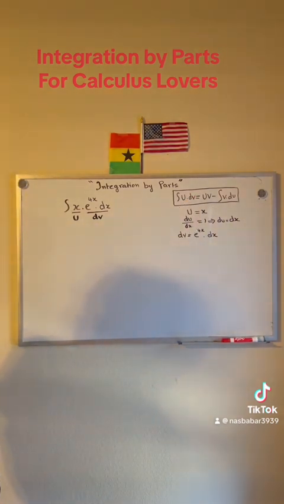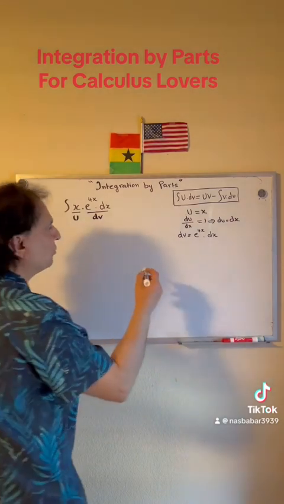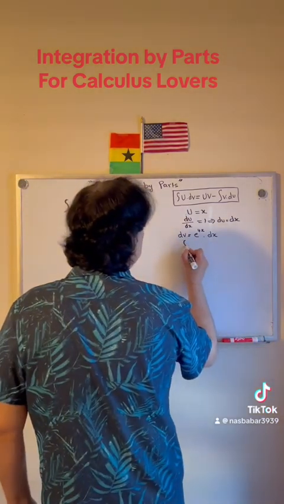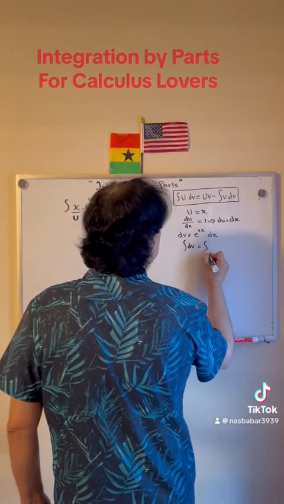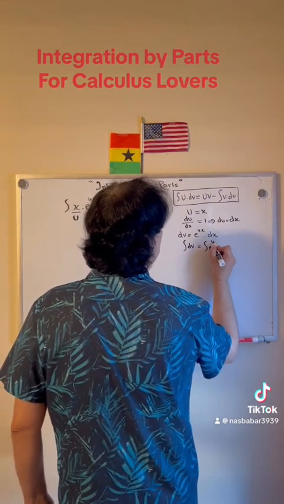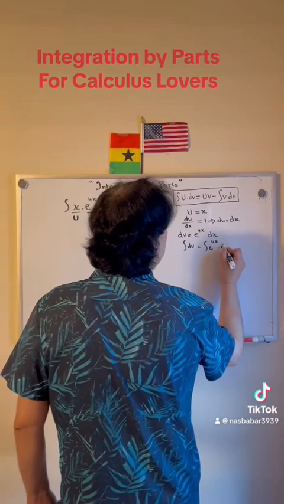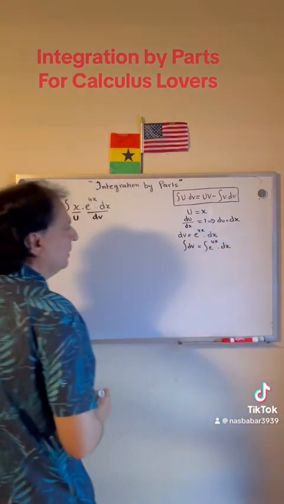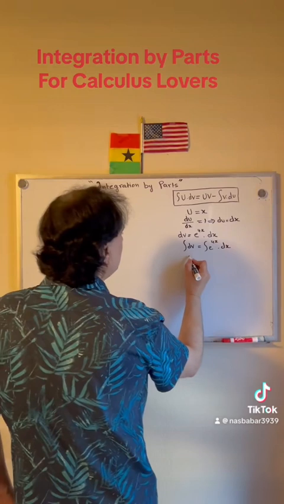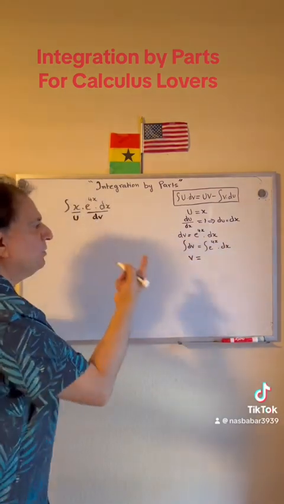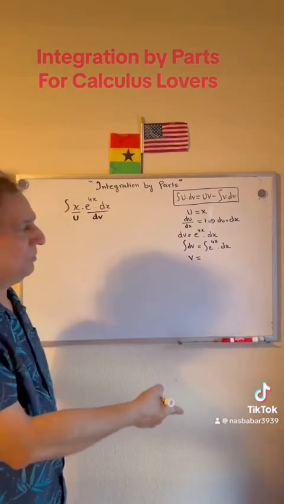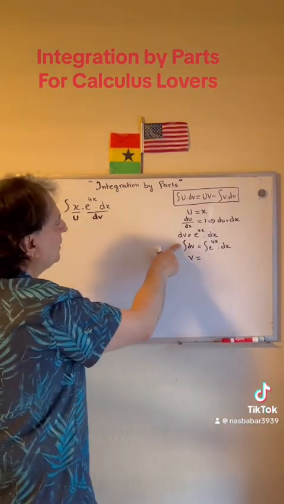Now if we take the integral of both sides, the integral of dv is equal to the integral of e raised to power 4x times dx. This right here will be just v, because we're taking the antiderivative.